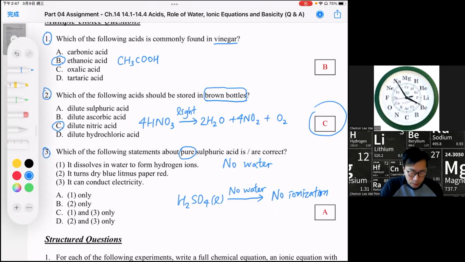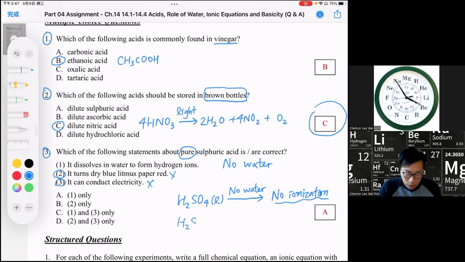So, based on this, we need to know that number 2 and number 3 are incorrect statements. Because if there is no water, no ionization, giving out no ions. Therefore, no H+.